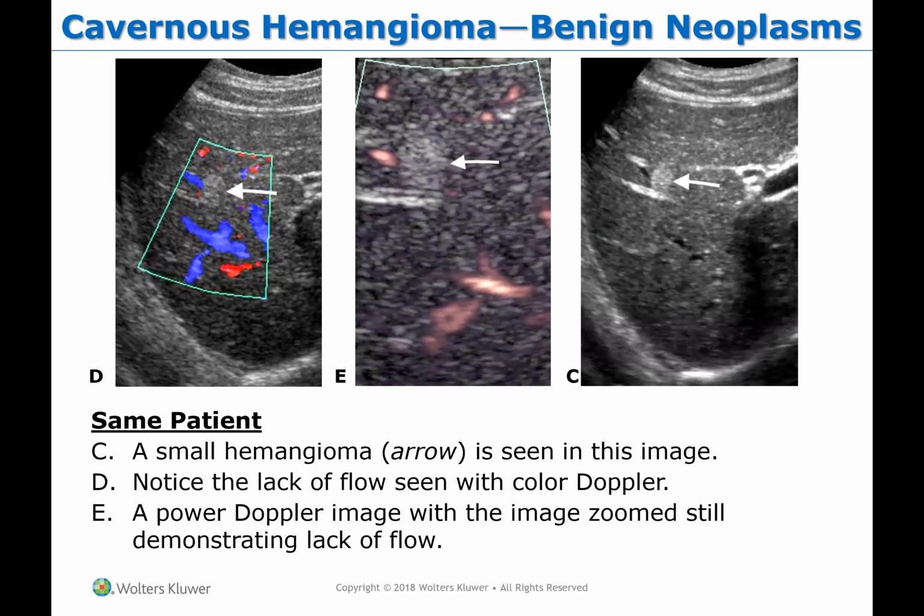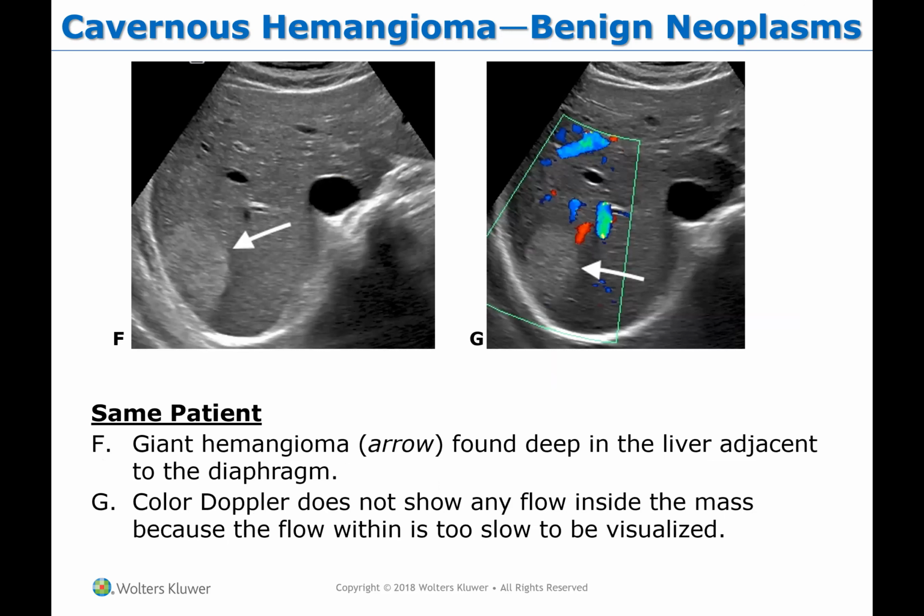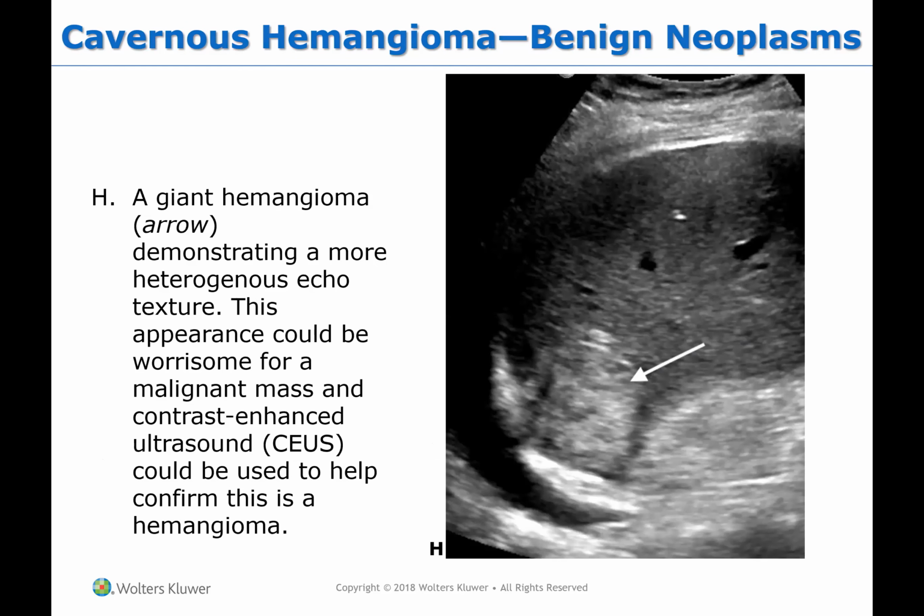Look, there's no vascular flow within there. Look at that one. And that's in the posterior right lobe. This is a giant hemangioma, so this would be greater than 3 centimeters.